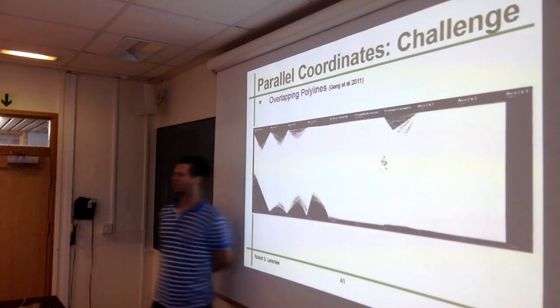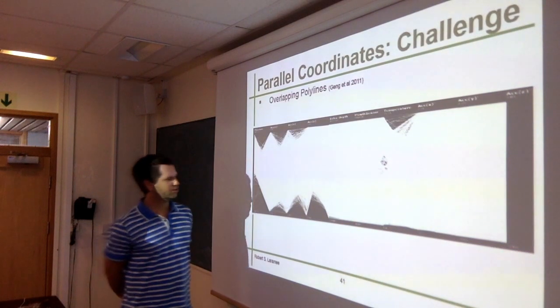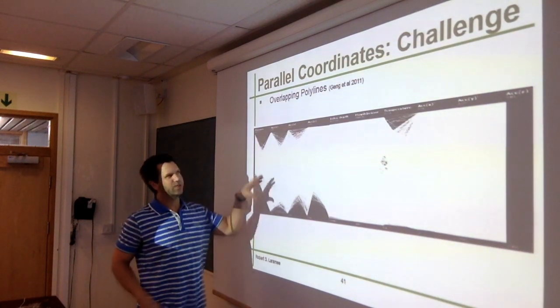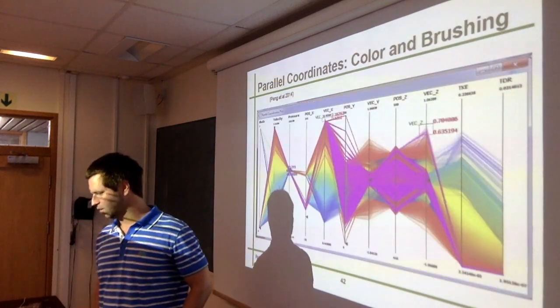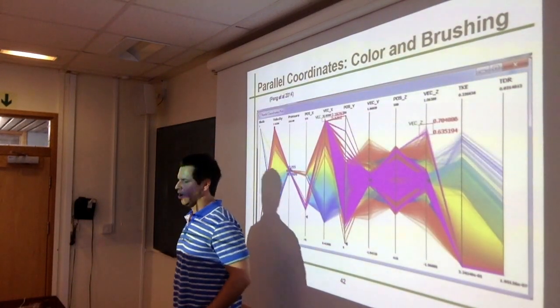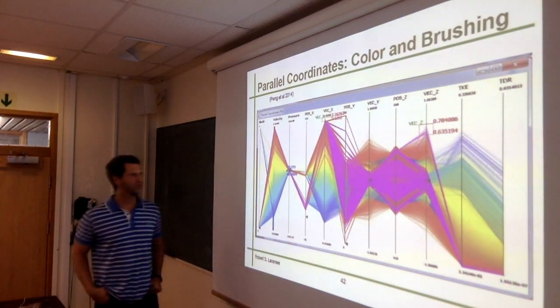It would be hard to see. So the question is, how can we address the overplotting of polylines in parallel coordinates? There are a few ways to do that. We're just going to mention a few of the ways.